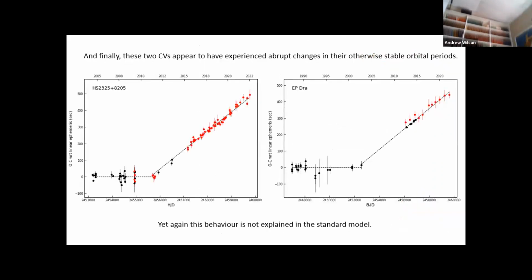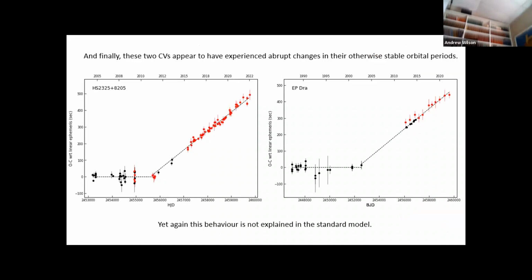And the final two I was going to mention are two stars that at some point in the recent past, the orbital period decided to make a very abrupt change, and these stars suddenly adopted longer periods. One is a CV, the other one, I think they're both CVs.